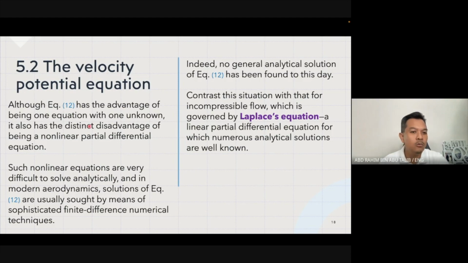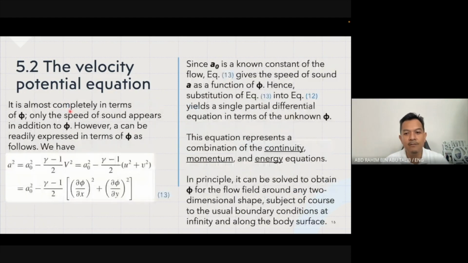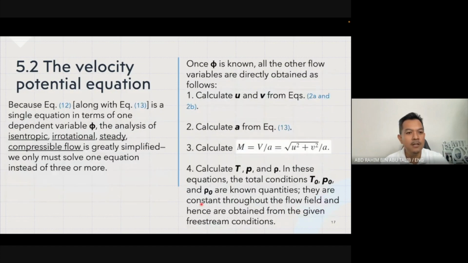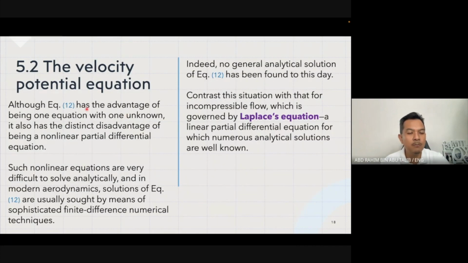Although, let us just revisit equation 12 so that we are on track, which is the velocity potential equation. Although the velocity potential equation 12 has the advantage of being one equation with only one unknown, it also has the distinct disadvantage of being a non-linear partial differential equation.